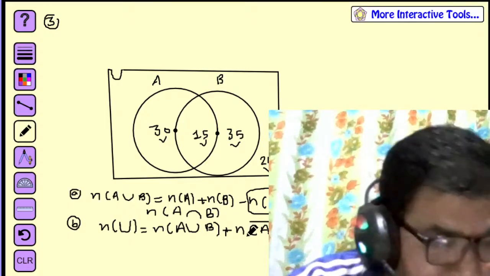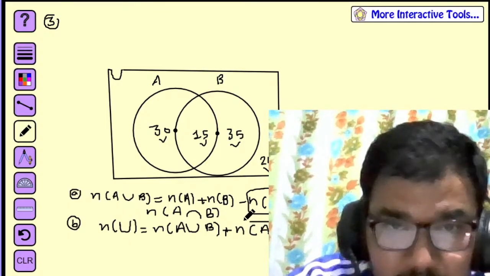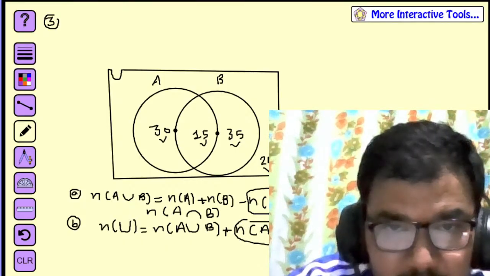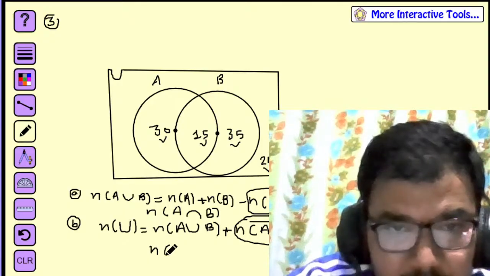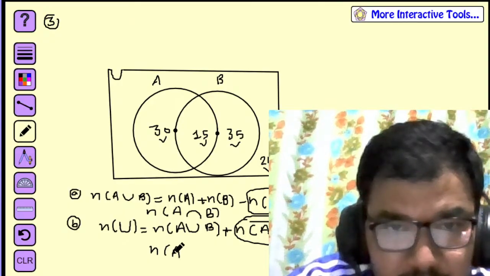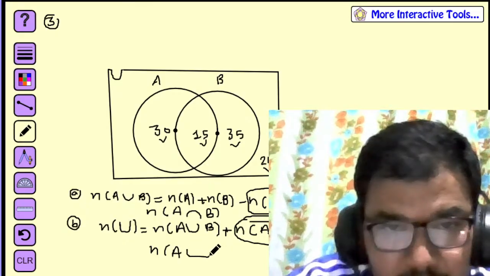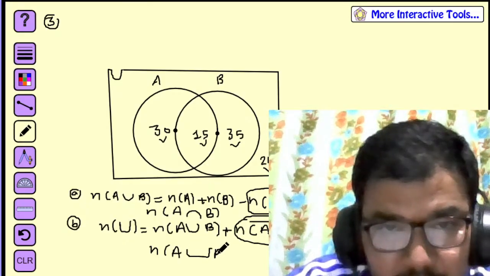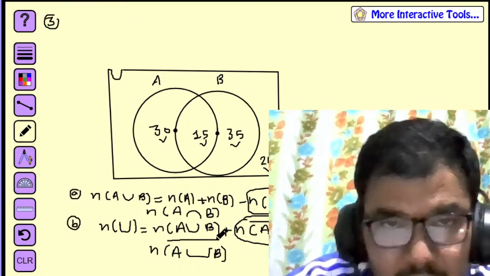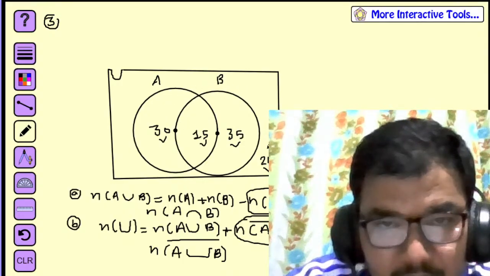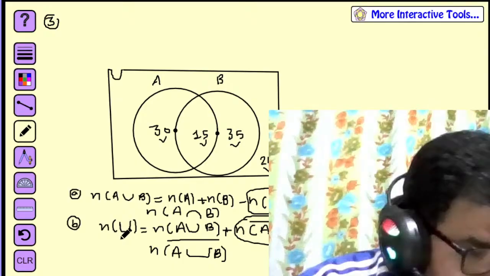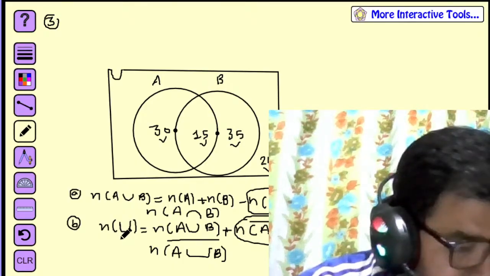And similarly here this part is hidden, that's why I'm writing this part here. Plus the cardinality of A union B complement. We added A union B with A union B complement, then n(U) comes here.